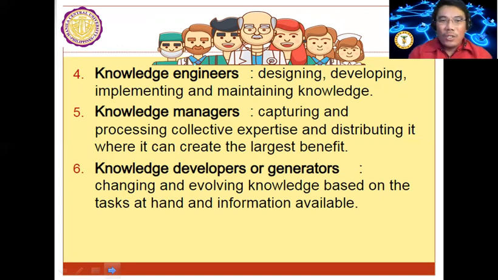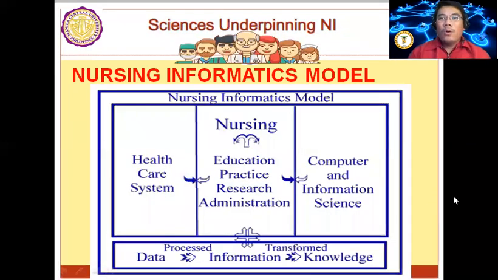Through the improvement and attainment of excellence of that institution. We have also discussed the nursing informatics model and its relationship to the different key areas, and we defined the healthcare system as wherein the implementation of the system covers not only locally, but starts from the family up to the global level.